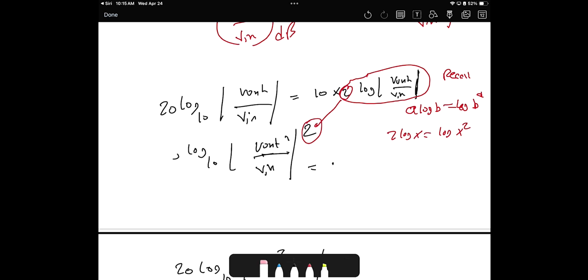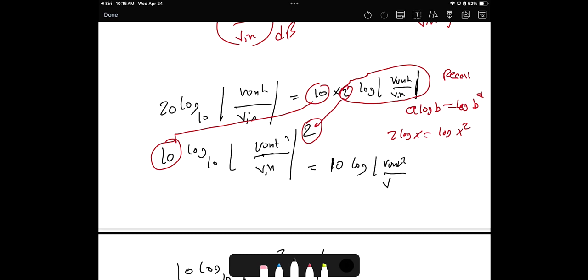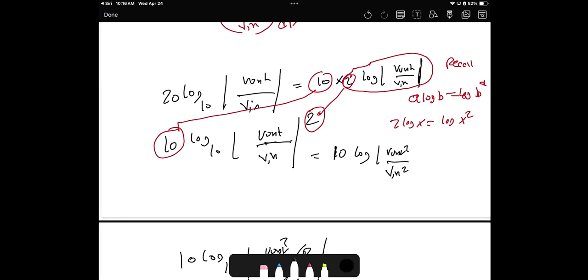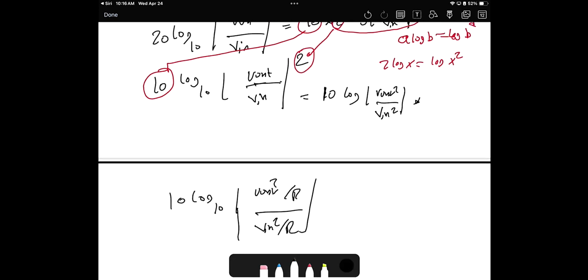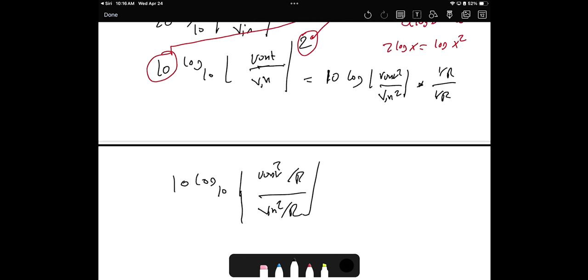This will be 10, because we said the 10 here is here. Then this will be 10 log V out squared over Vin squared. Then divided by R, both sides. Or we can say multiply 1 over R over 1 over R. This yields 10 log V out squared over R divided by Vin squared over R. Okay?